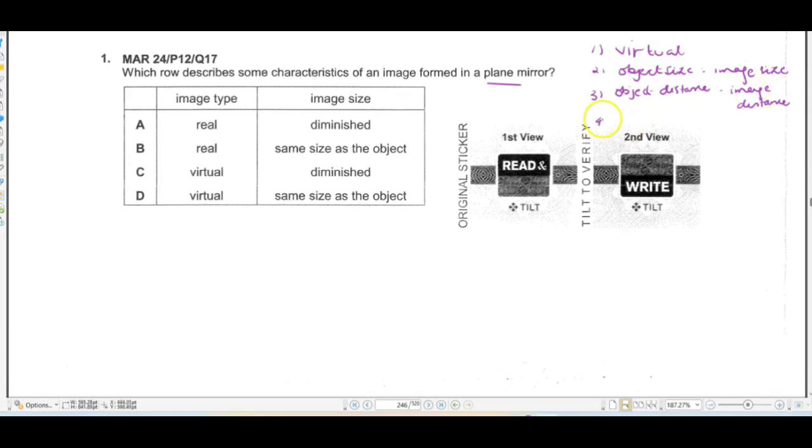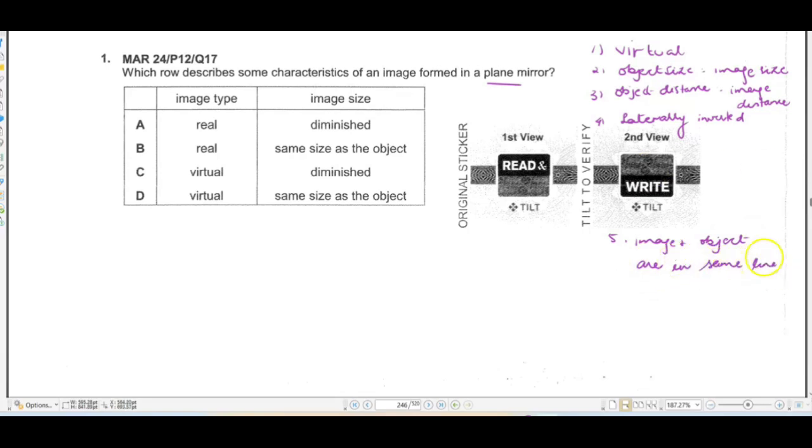Then the image is laterally inverted, meaning the right of the object appears to be left in the mirror. Then the image and the object are in same line.